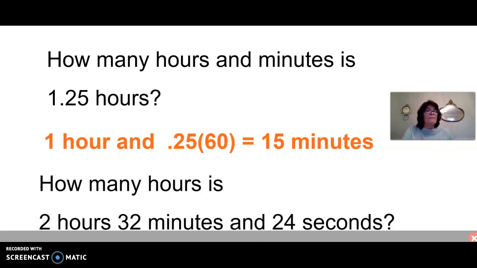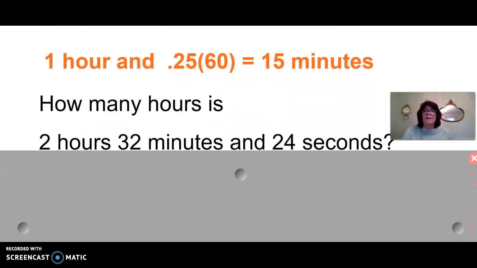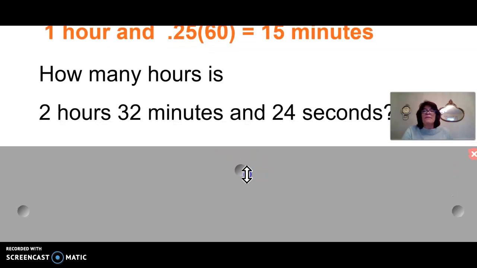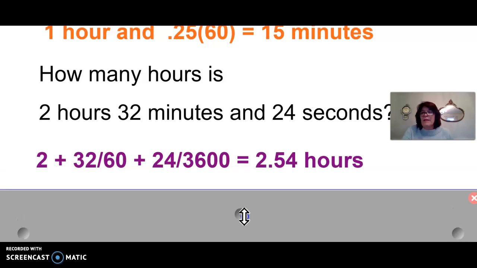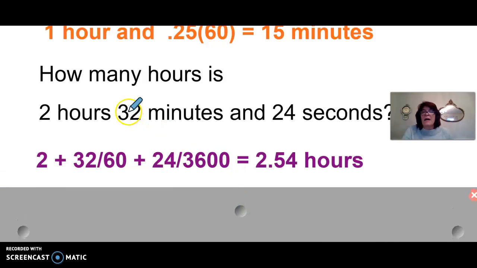Okay? Let's go the other way. What if it's given this way? I just want to know hours. Don't give me minutes and seconds. Give me a decimal for how many hours is 2 hours, 32 minutes, and 24 seconds. To do that, I know that 32 minutes is 32/60ths of an hour.